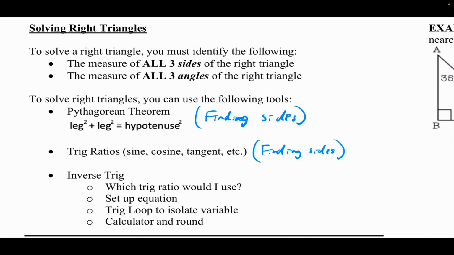The last thing is inverse trig. That's when I'm finding angles. So if I'm trying to find a side, I'm not going to use inverse trig. If I'm trying to find an angle, I'm not going to use the regular trig ratios or Pythagorean theorem. These are the 3 things you're going to use. Okay? So solving right triangles means give me all of the angles and all of the sides.